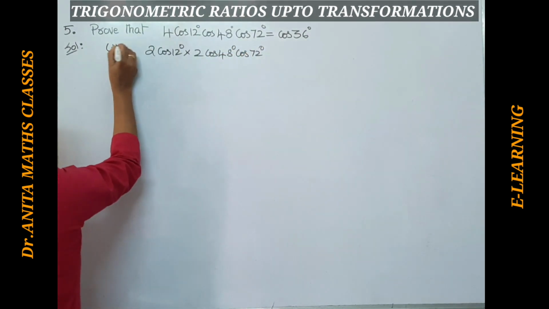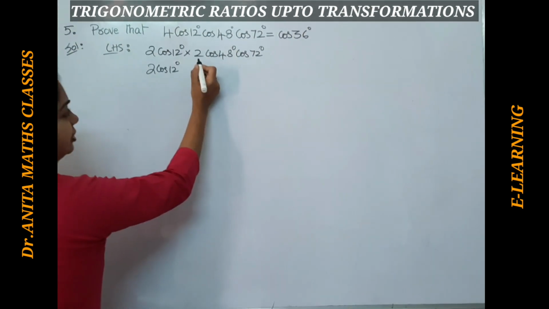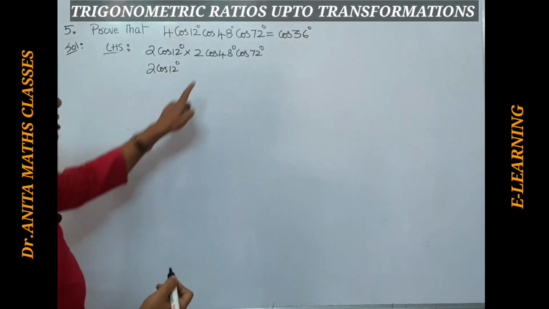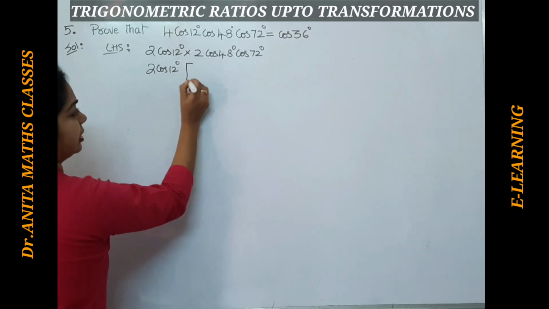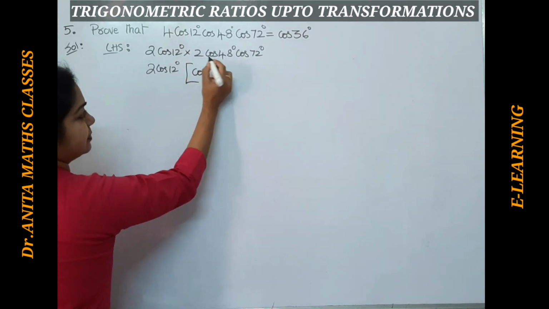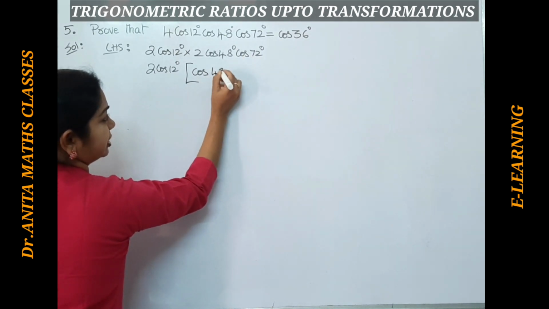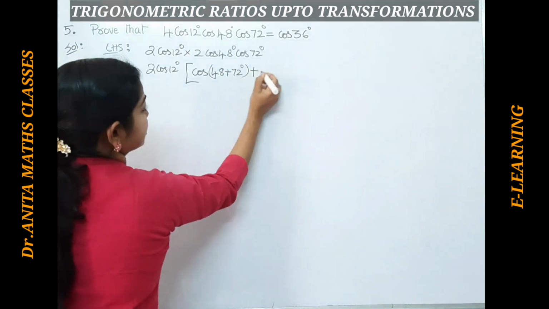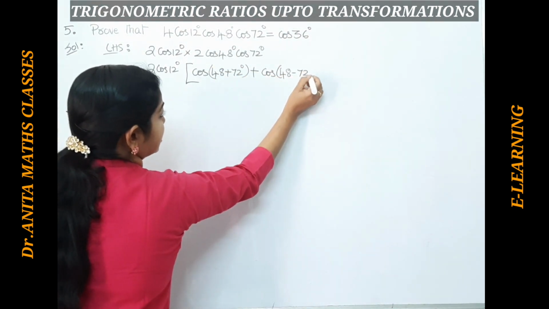We are taking the LHS part here. So 2 cos 12 degrees, and 2 cos 48 and 2 cos 72. This product transformation we will make into a sum. So that is 2 cos A cos B, which is cos (A plus B), so 48 plus 72, plus cos (A minus B), 48 minus 72.